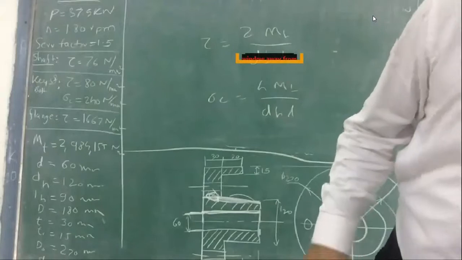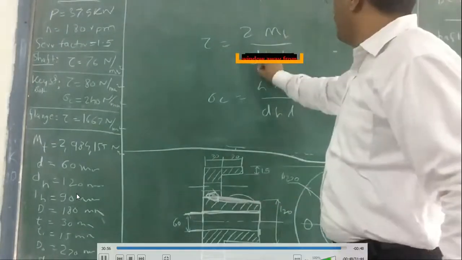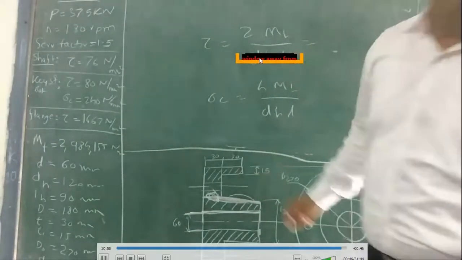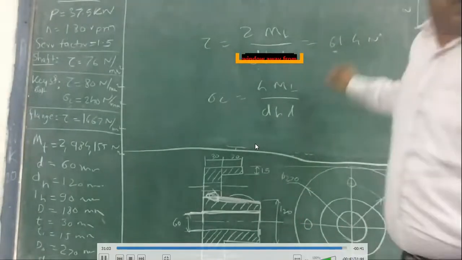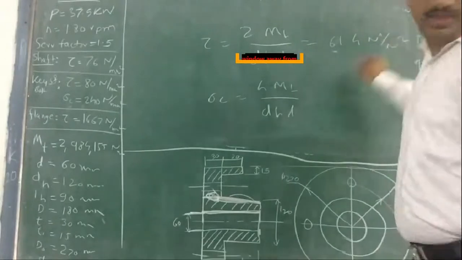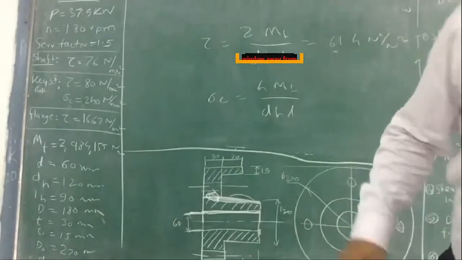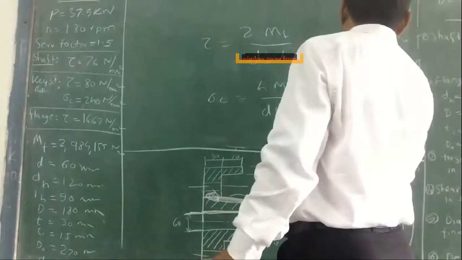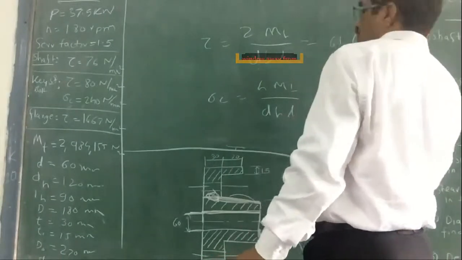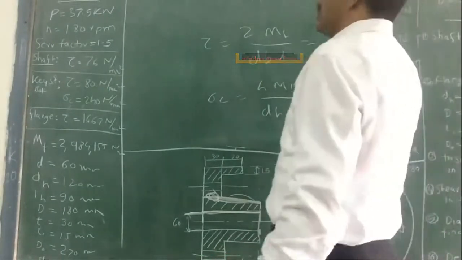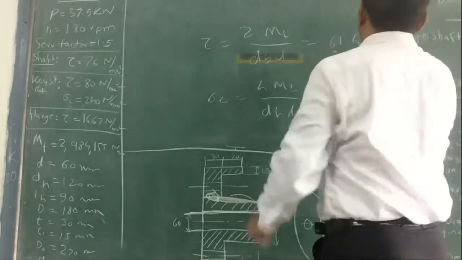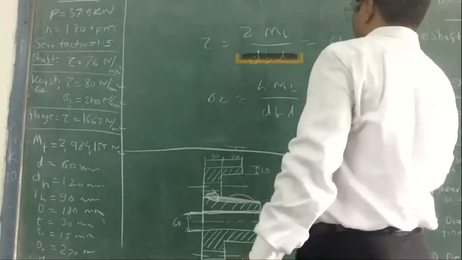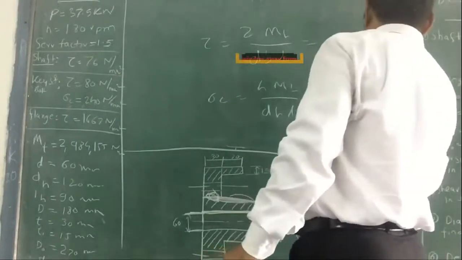So here we know Mt, we know d, b, l, and we get shear stress equal to 61.4 Newton per mm square, and sigma c is 200.95 Newton per mm square. For the key, this shear stress is less than the allowable 80, so this is safe, and this is less than 240, which is safe.